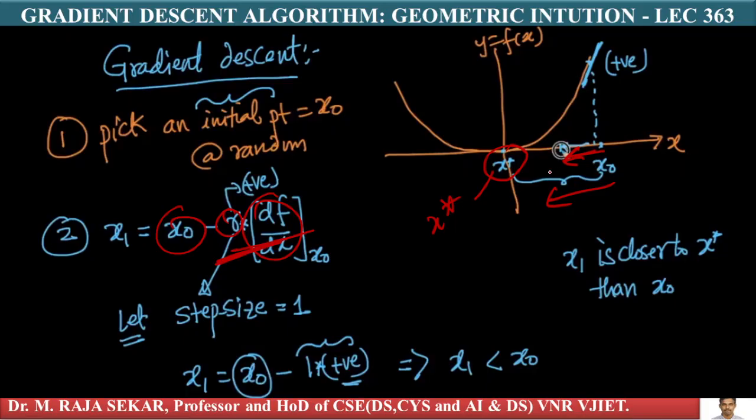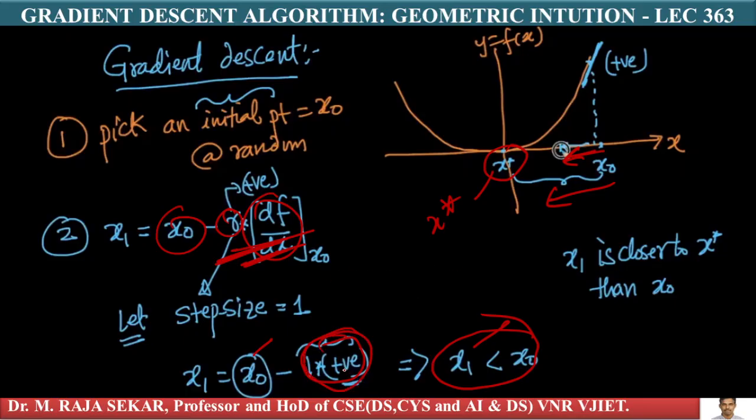As you are subtracting some positive quantity from x0, your x1 is less than x0, because x1 equal to x0 minus something positive.